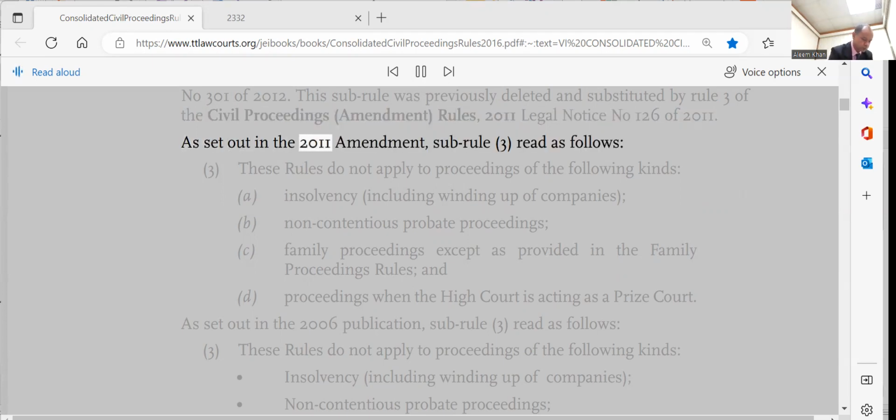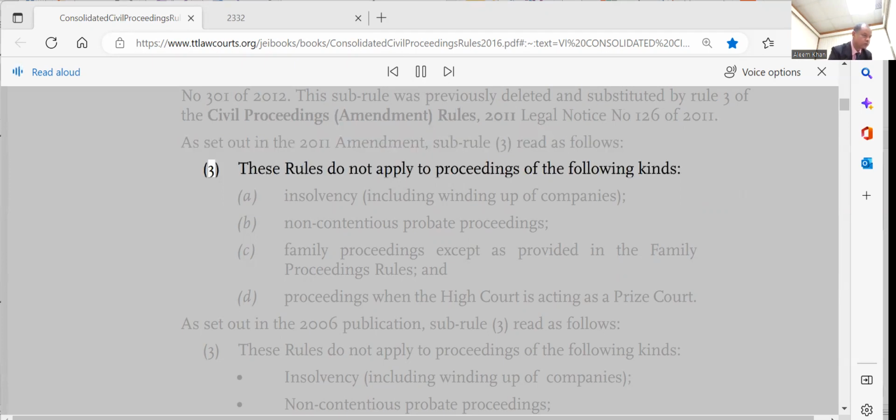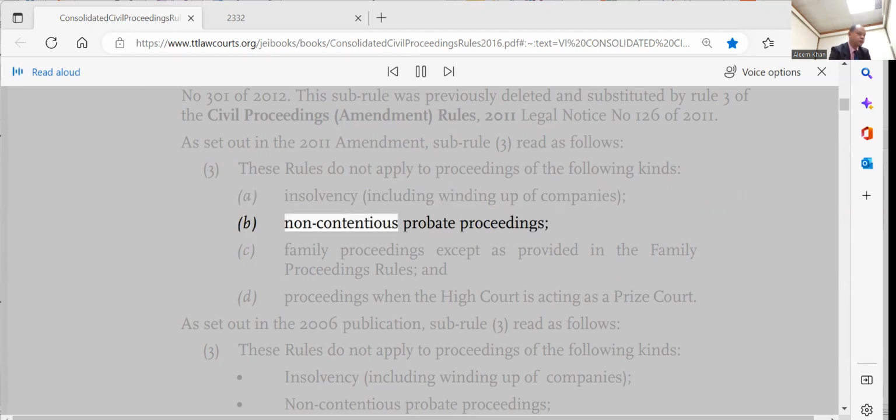As set out in the 2011 amendment, Subrule 3 read as follows. 3. These rules do not apply to proceedings of the following kinds: (a) insolvency, including winding up of companies; (b) non-contentious probate proceedings; (c) family proceedings except as provided in the Family Proceedings Rules; and (d) proceedings when the High Court is acting as a prize court.